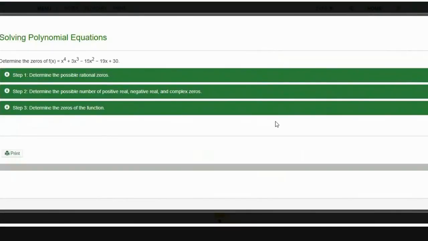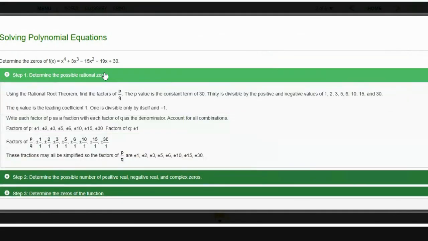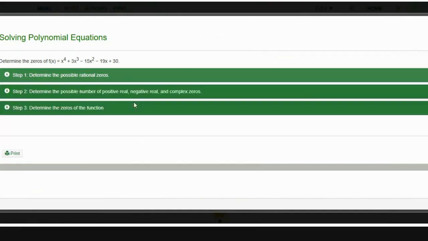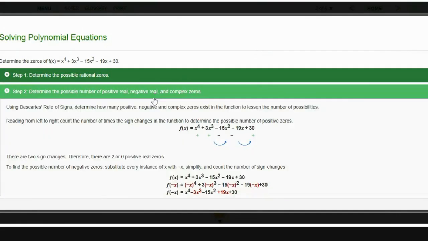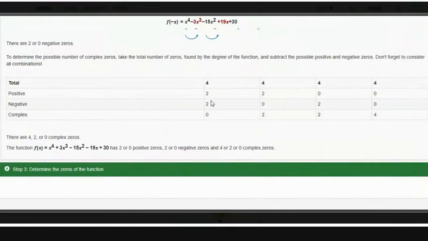Here's another example in solving polynomials that you can go through. Determine the possible rational zeros using the rational root theorem. This one has 16 possible ones because it's plus or minus. Determine the possible number of real, negative, and complex zeros using Descartes' rule. You find there are all kinds of options, 4 different ones.